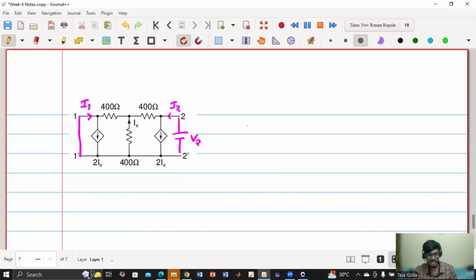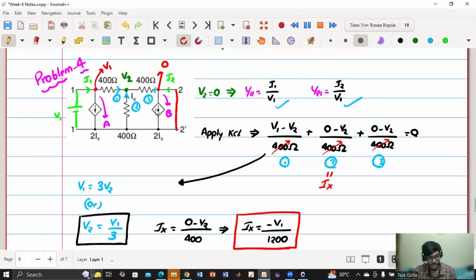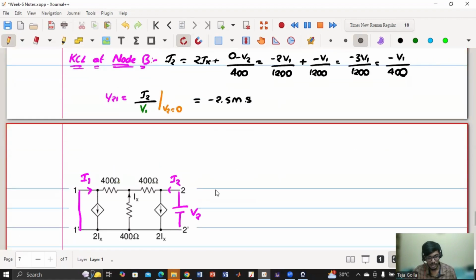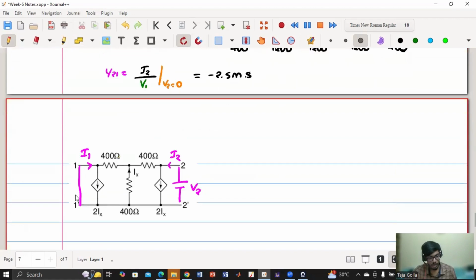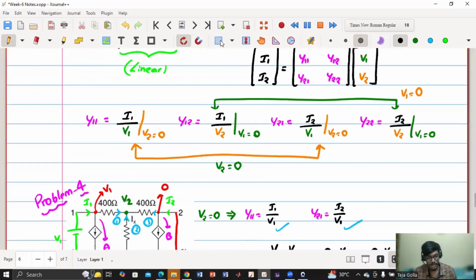If the circuit is symmetric, the values will also be the same, right? Say if I am shorting this side, I got I2 as this. Same thing: if I short this side, on the short circuit side I'll get I1 to be minus V2 by 400, which means I will get Y12.